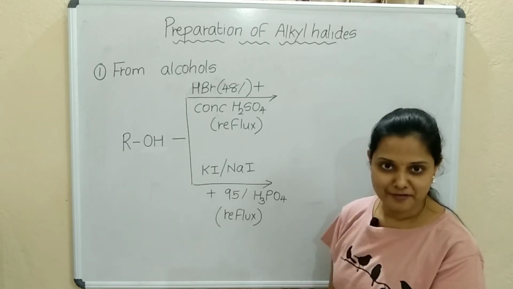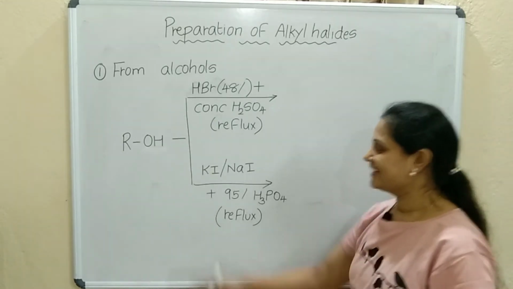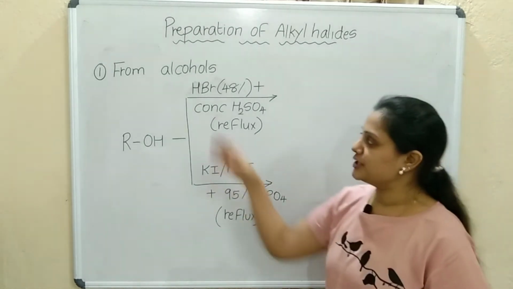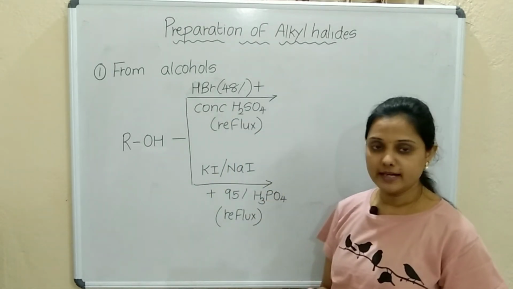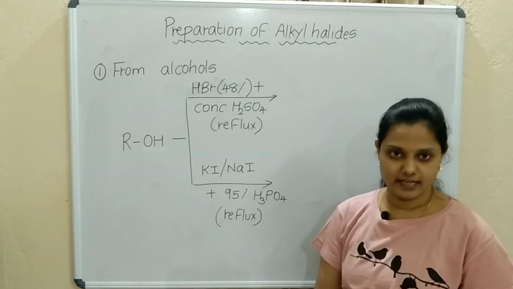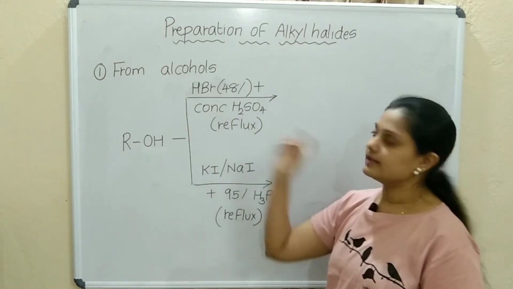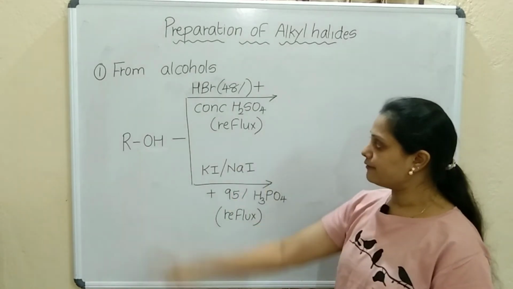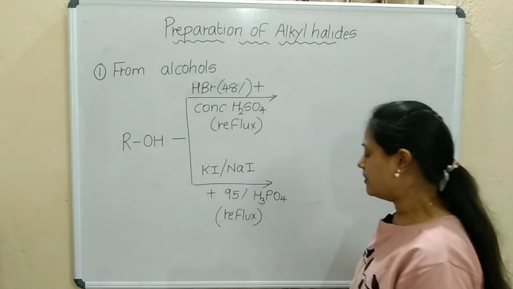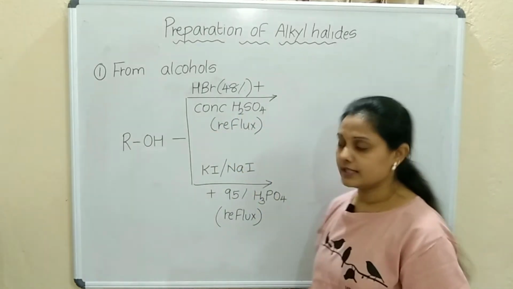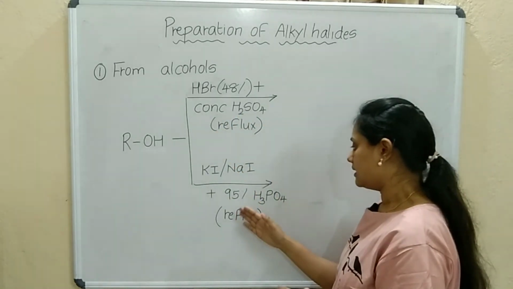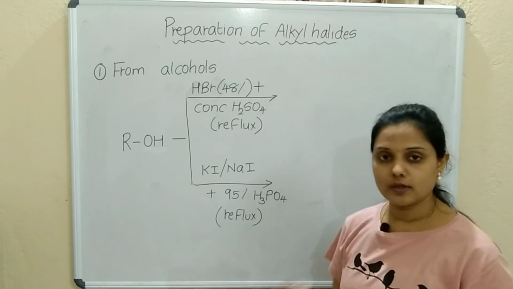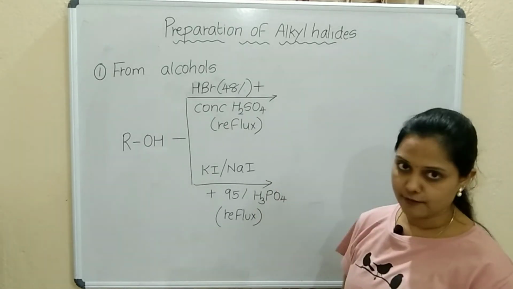Alcohols, still it is left, from alcohols. So alcohols are treated with HBr, hydrogen bromide, 48% we are taking, and concentrated H2SO4 is added. Fine. And reflux is done. Now remember, concentrated H2SO4 and over here 95% H3PO4 is taken in the concentrated form.